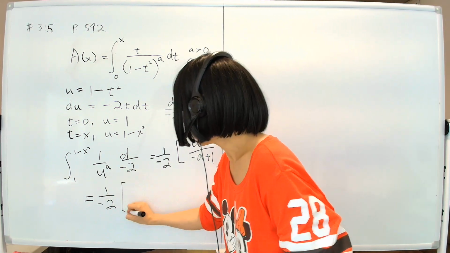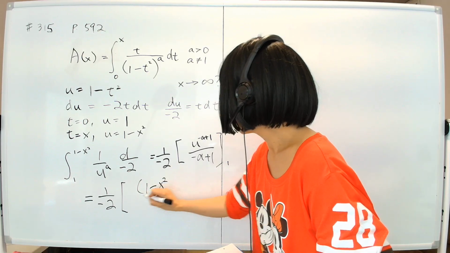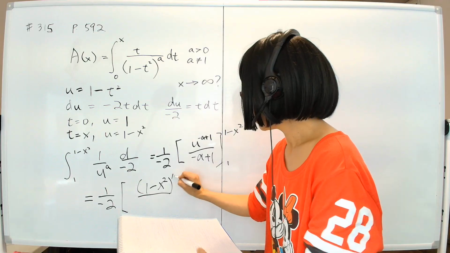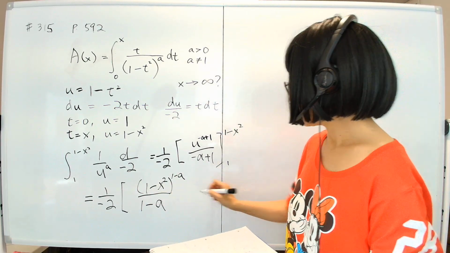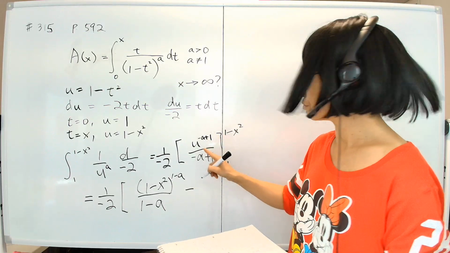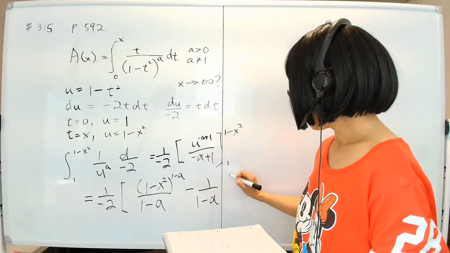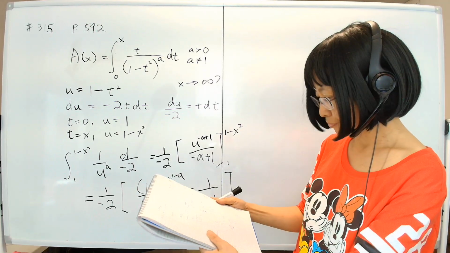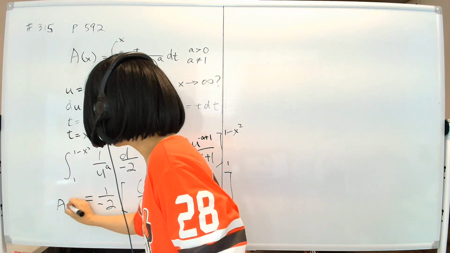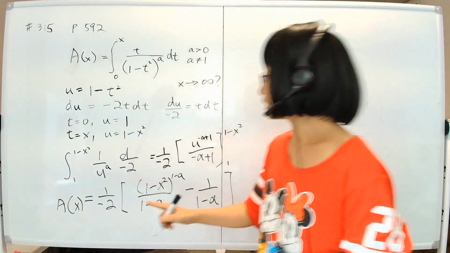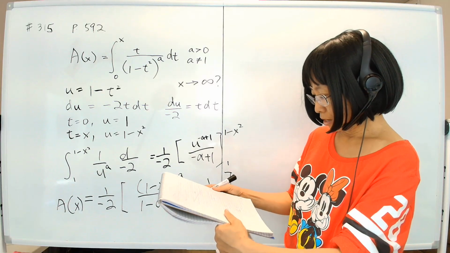That would be, first, 1 minus x squared to the power 1 minus a, divided by 1 minus a, and then subtracted with u just equal to 1, which becomes 1 over 1 minus a. That's about it. All right, so that's our subtraction. That is the area, which is based on x. For each x, this is what the area will be. Okay, that's the right formula.